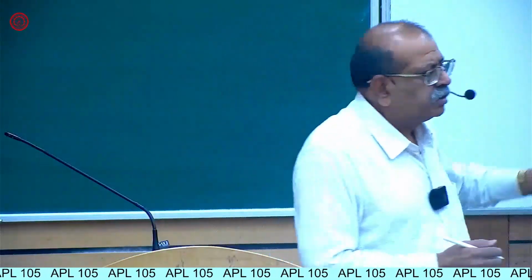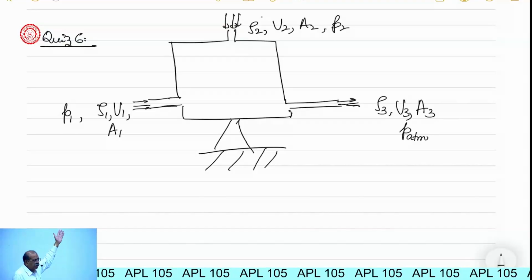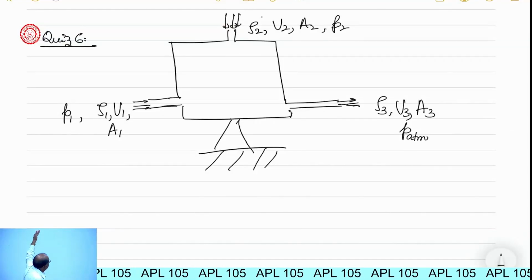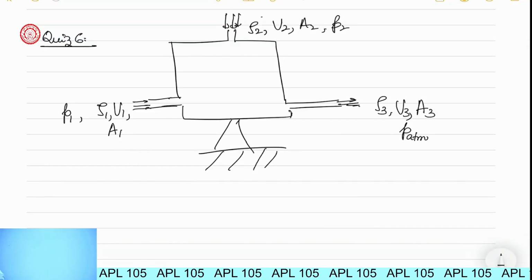it said that there was a container like this in which fluid of density rho 1 enters through 1 with velocity V1, area A1, gauge pressure P1.